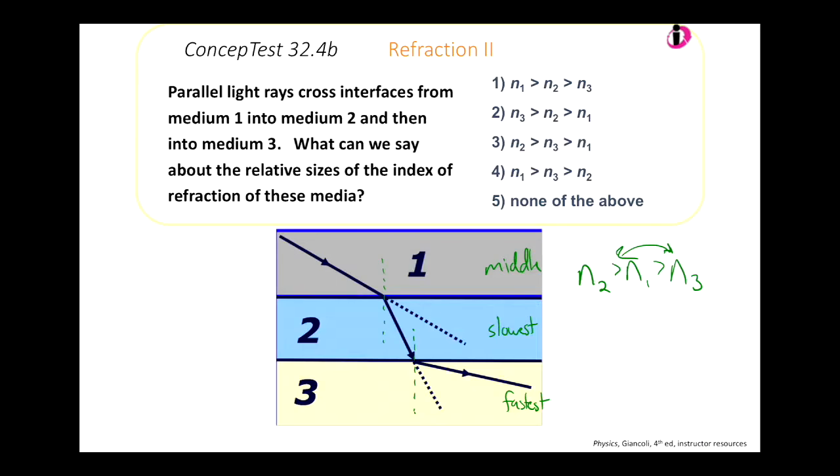Then we did the second one. Wait a minute. There's 1. Ha! Look at this. I was right to begin with. The answer is actually none of the above on this one, just to throw us all off. That's just mean. I was looking at the wrong number on the screen. So that one is actually correct. N2 is greater than N1 is greater than N3, because you can think of that as backwards from the way we think of the velocities.